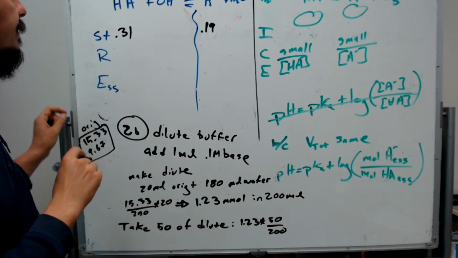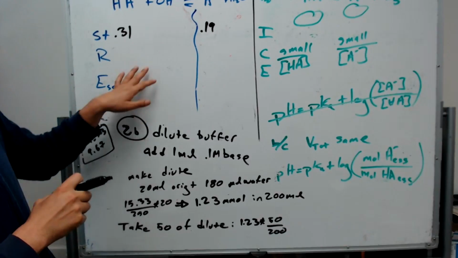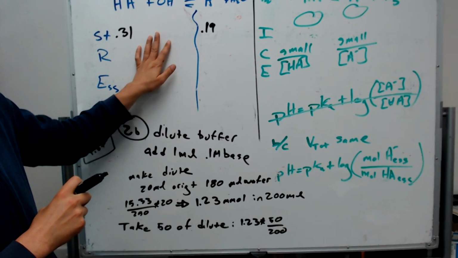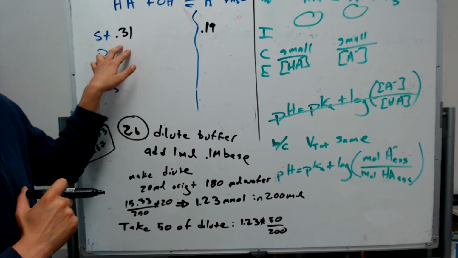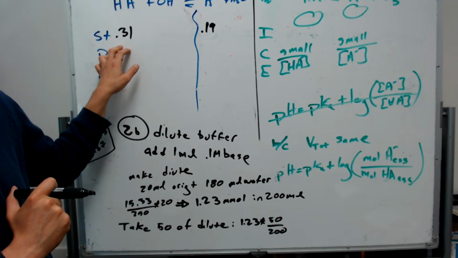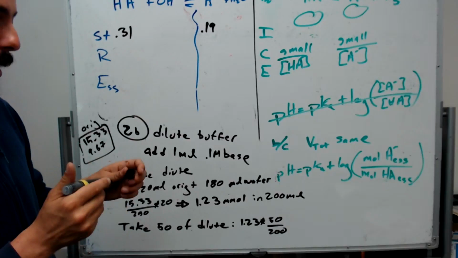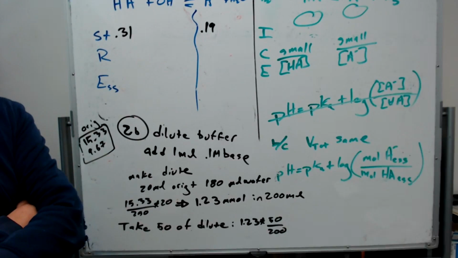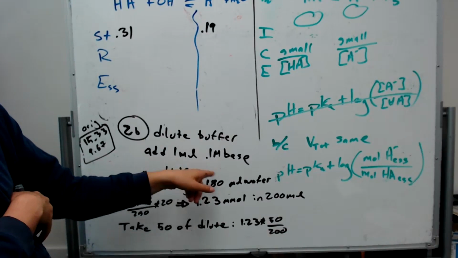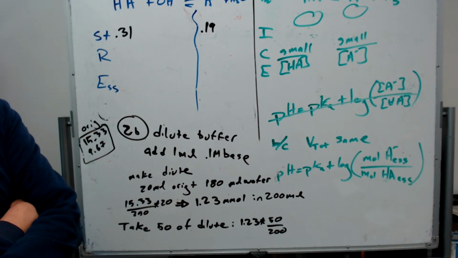At this point, we can notice that if I add more OH minus than 0.31 moles, I'm going to break my buffer. So if you look at your data, or just think about it, how many milliliters of 0.1 molar base can you add before you break your buffer?